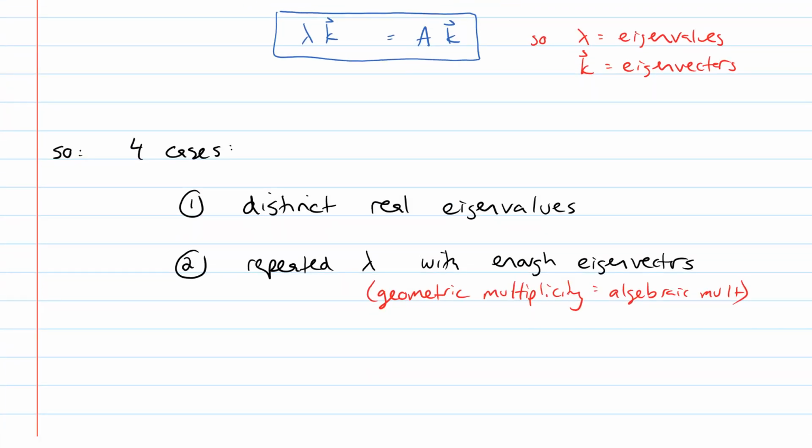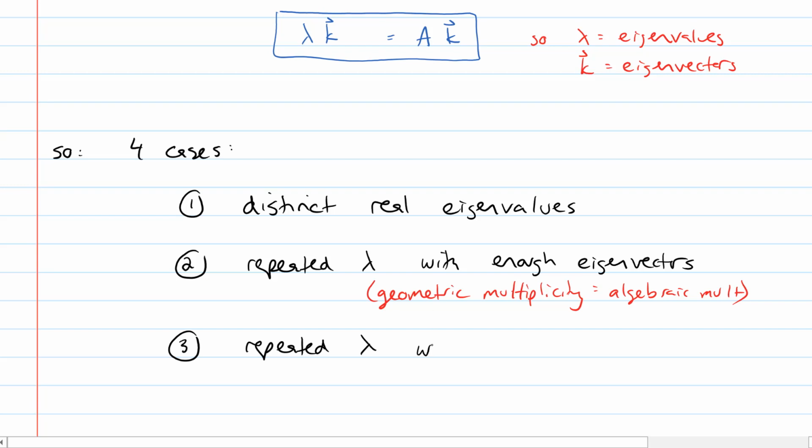But of course, then case number 3 is going to be repeated eigenvalues lambda with a geometric multiplicity less than the algebraic. And then case 4, just to make life complicated, we're going to get complex eigenvalues as well.